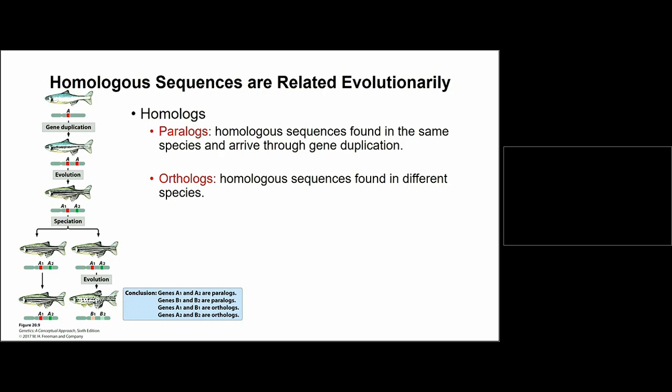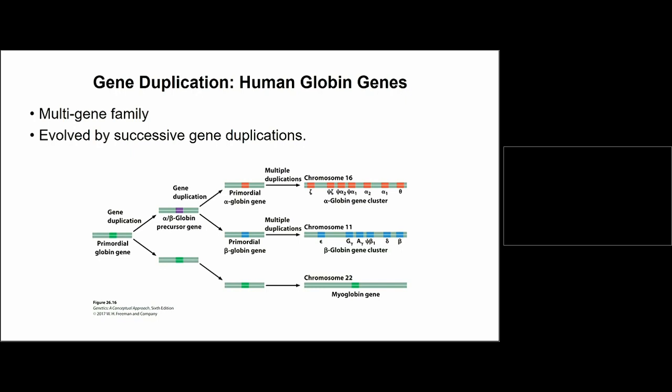In humans, we have a lot of examples of these gene duplication events. One is the globin gene family. Scientists believe that there was a primordial globin gene that was duplicated. One of those duplicated versions evolved to become myoglobin, and then the other globin gene duplicated to become the alpha globin and the beta globin gene clusters.